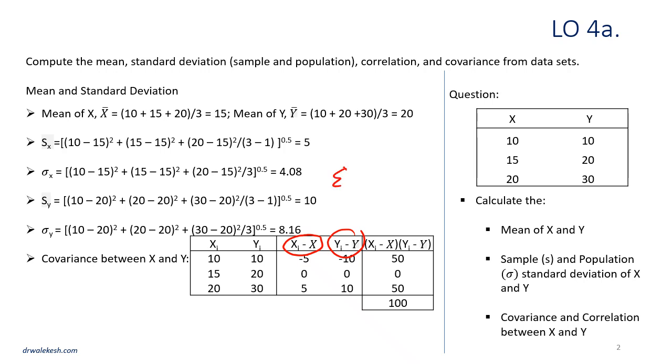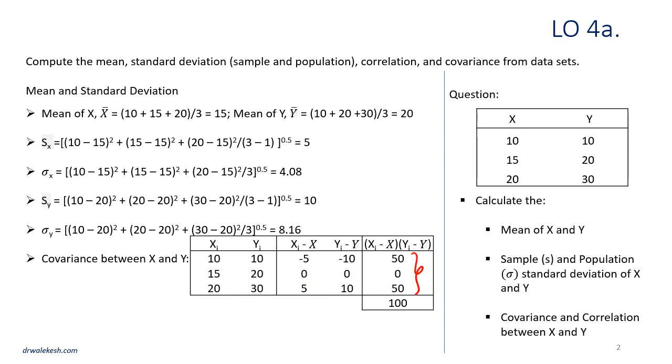The formula for covariance is xi minus x bar times yi minus y bar, divided by n minus 1. So that means we need to multiply this by this, then we can now add them together because of this summation. So it will be minus 5 times minus 10, which is 50. 0 times 0 is 0. 5 times 10 is 50.